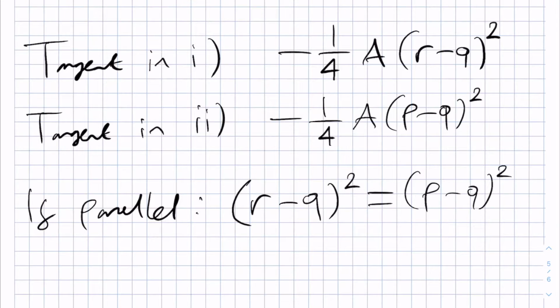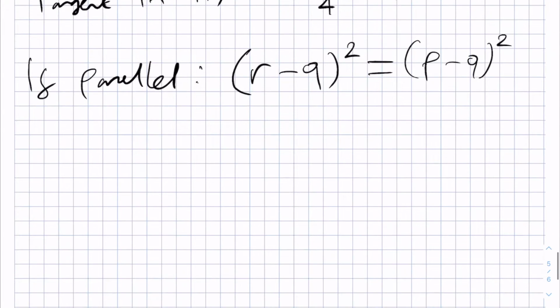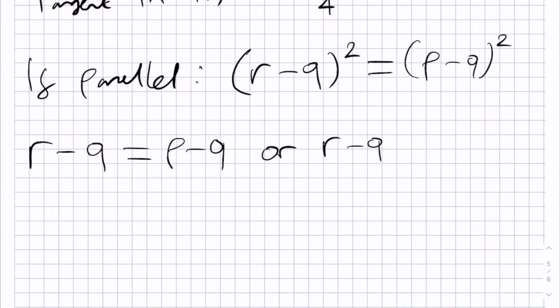Again, this is because parallel for straight lines means that the gradients are equal. This has two possibilities. Either r minus q is equal to p minus q, or the other way around: r minus q is q minus p.